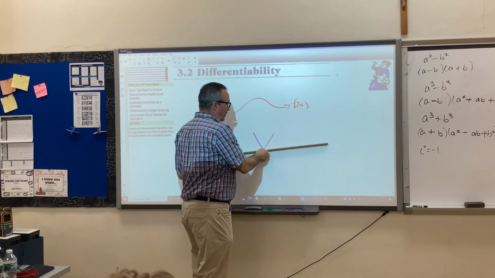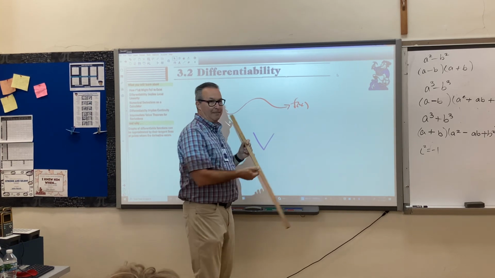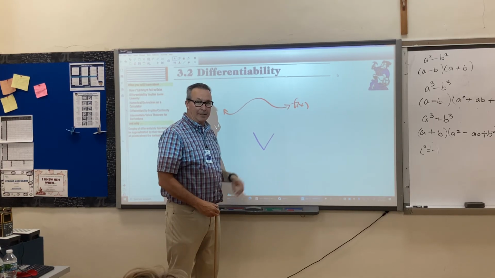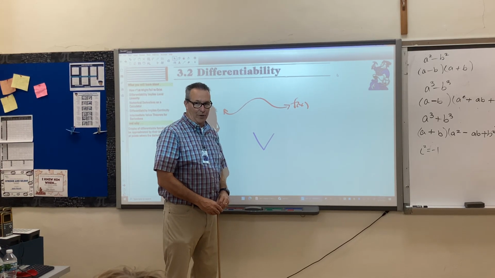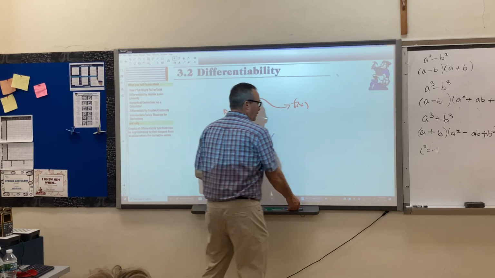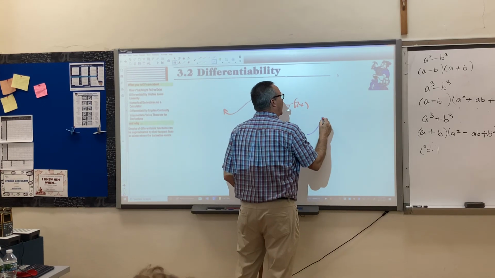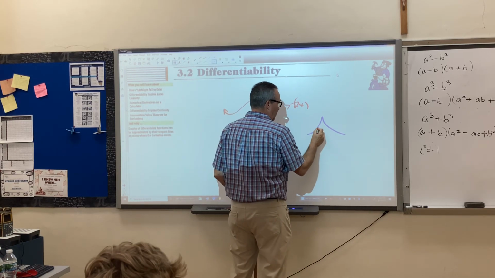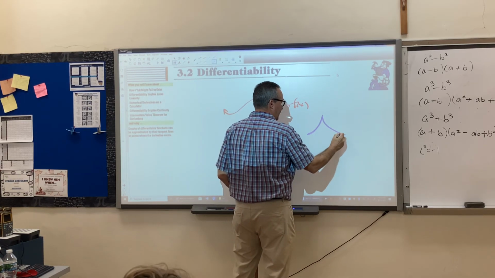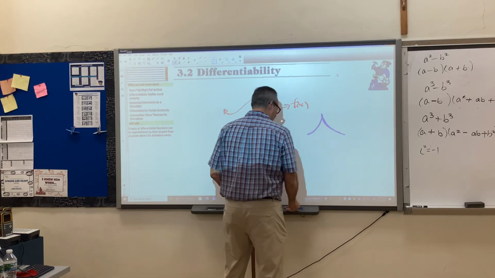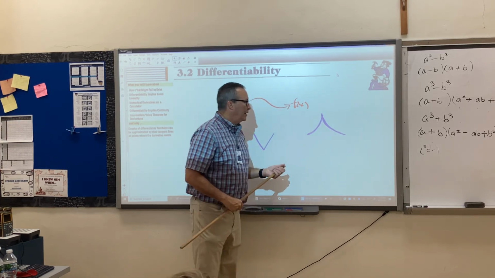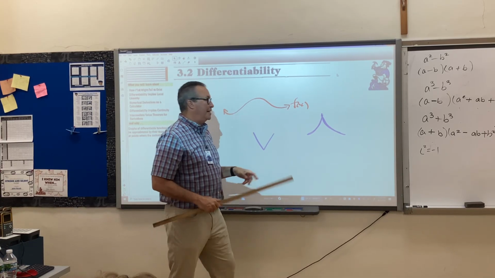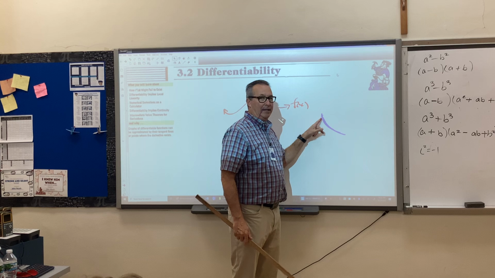If you are trying to find a single tangent, there's an infinite number of tangents at a corner. There's also something called a cusp, where a curve's slope to the left is negative infinity and the slope to the right is positive infinity. If a function has a cusp, it is not differentiable at that point.